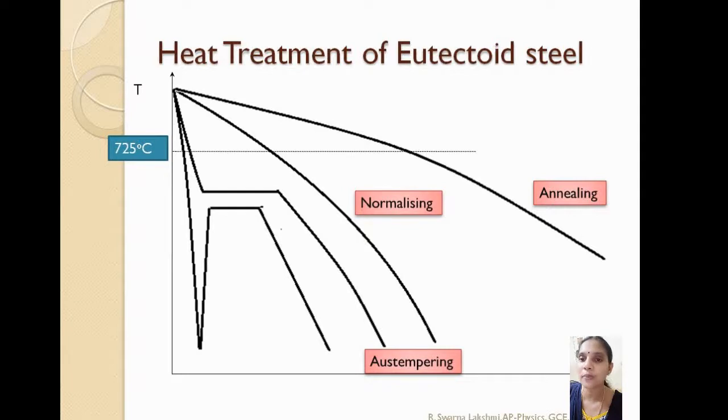If it is cooled below the austenizing temperature and then held at a particular temperature for some time and then cooled back, then it is called austempering. If it is rapidly cooled to very low temperature, then the process is called quenching. And heating after quenching is called tempering. Let us look into these processes and the microstructures that arise because of these various heat treatment processes in detail.